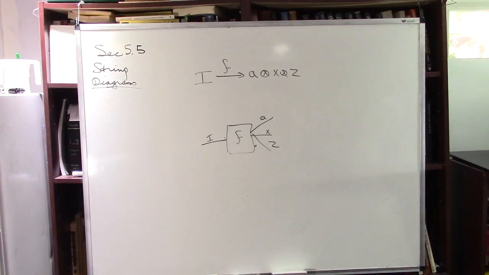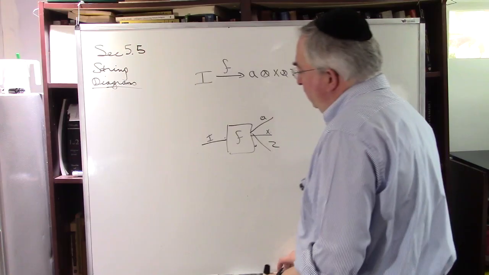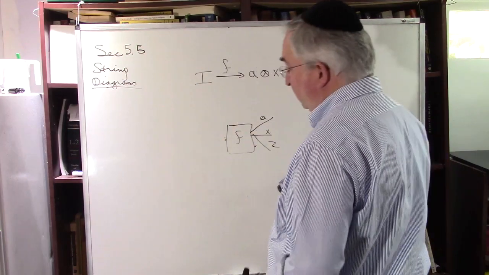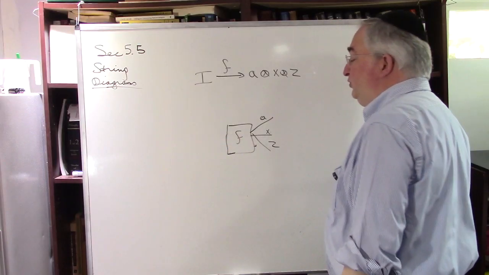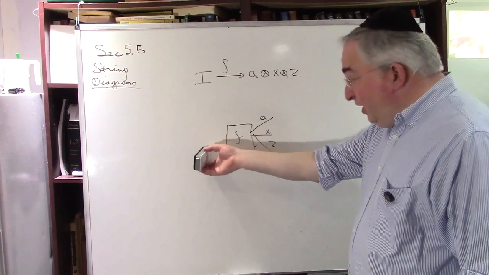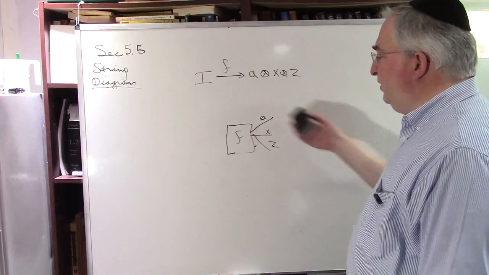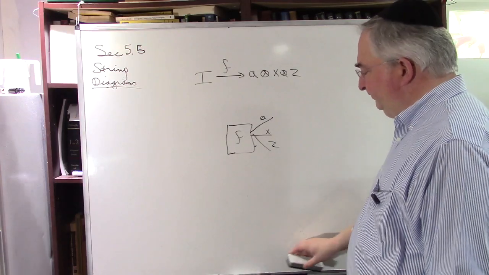But we many times shorten that, and we shorten that to leave the identity out, leave the unit of the monoidal structure out. So you have nothing going in and you have things coming out.